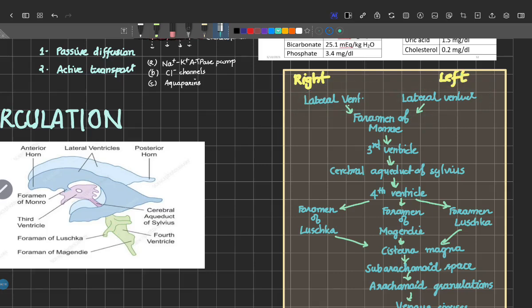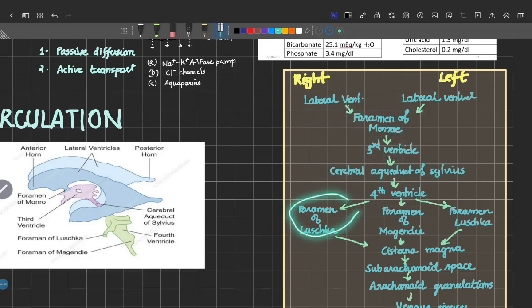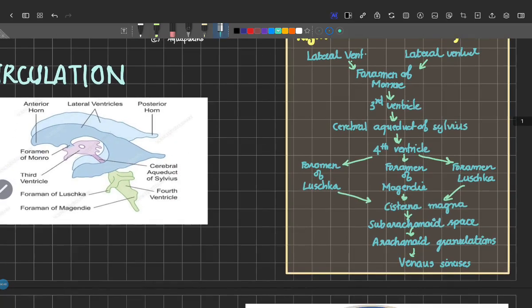So basically from the lateral ventricles, it passes to the third ventricle through the foramen of Monro, then to the fourth ventricle through the cerebral aqueduct of Sylvius, and the fourth ventricle will have three openings: two foramina of Luschka on the lateral sides, and one foramen of Magendie on the medial side. These all have a common opening into the cisterna magna, which will further go upwards to the subarachnoid space, and then it will be reabsorbed by arachnoid granulations into the dural venous sinuses.